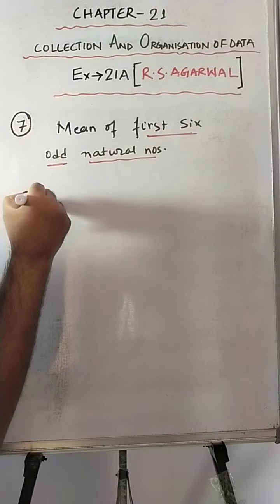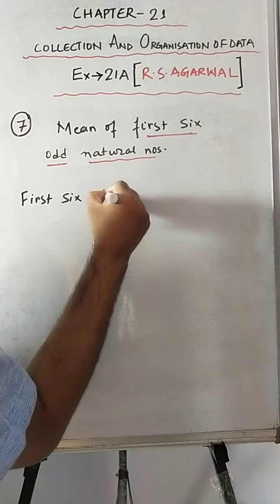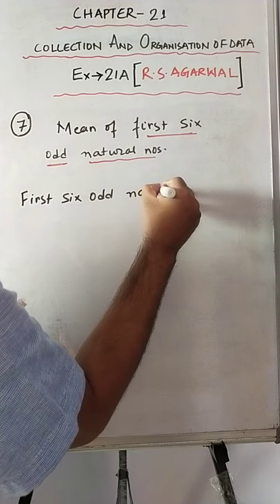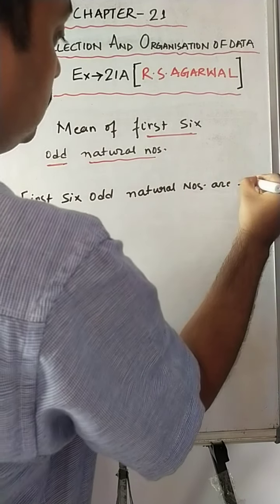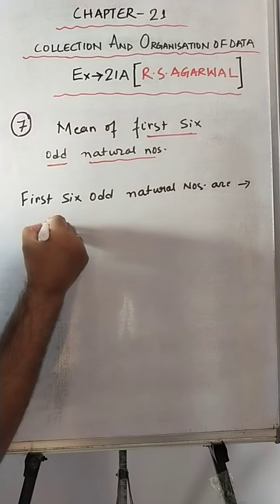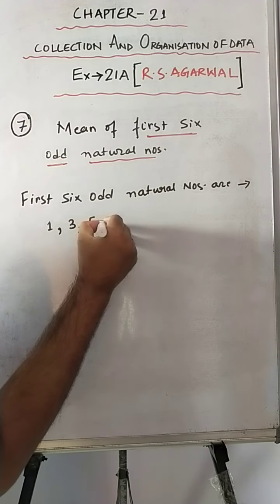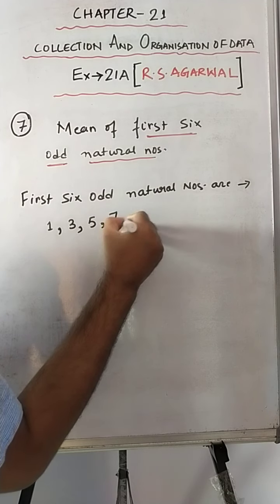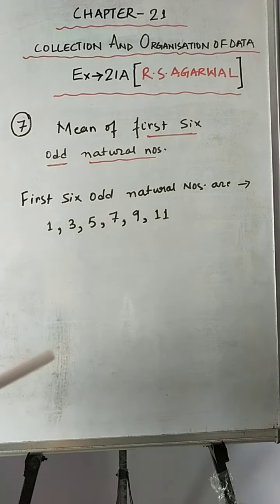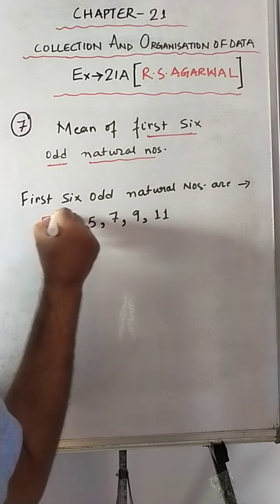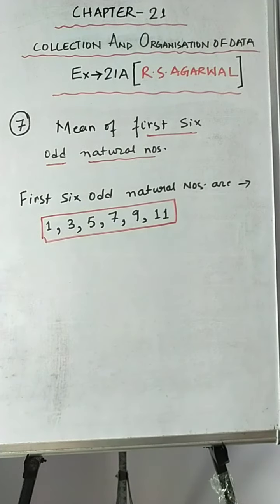The first 6 odd natural numbers are 1, 3, 5, 7, 9 and 11, students. So these are the first 6 odd natural numbers.